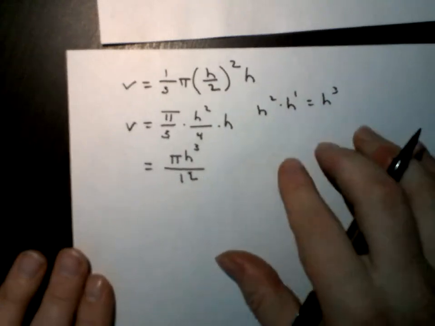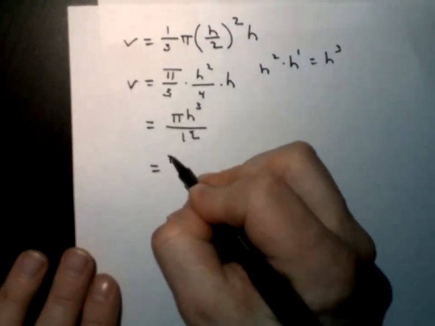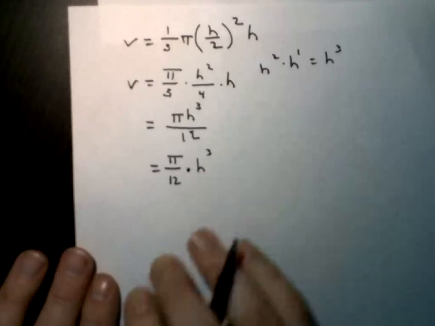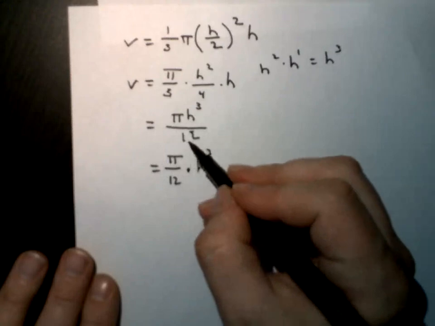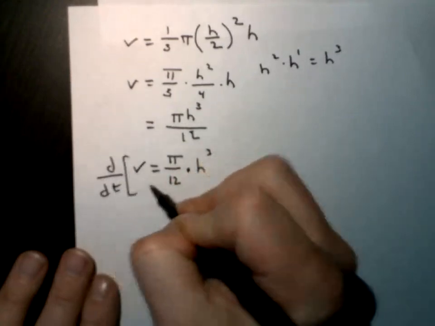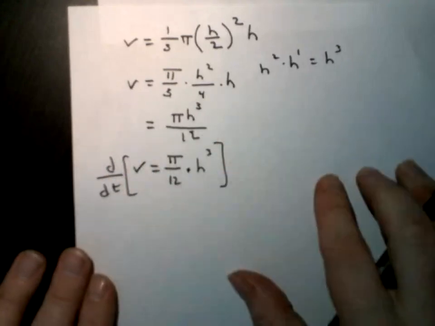I'm going to do one last thing before we take the derivative to make our life a little bit easier. I'm going to separate our h's and our constant. Do you see why? Because this is a constant. But now when I take the derivative with respect to t, you're going to see why.